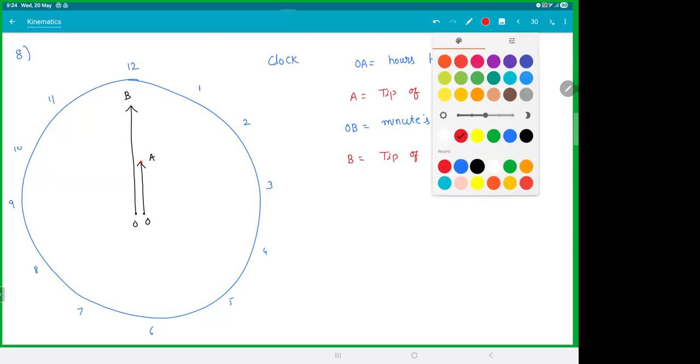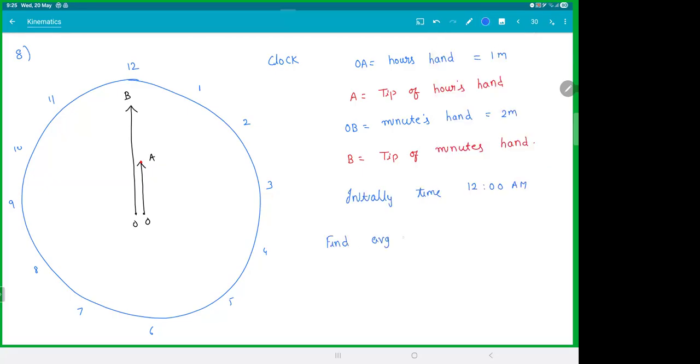Find average velocity of A and average speed of B when time is 6:40 p.m. Let's get this.